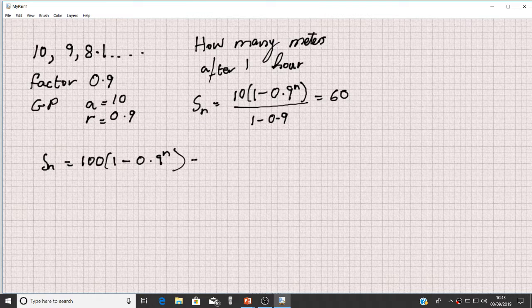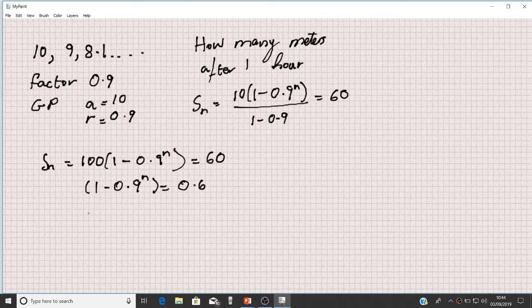So 100 times (1 minus 0.9 to the n) equals 60. I'm looking to solve for the unknown in the power, but I'll keep simplifying until I'm left with 0.9 raised to the power of n on the left. So I'll divide out by the 100. So we're going to have 1 minus 0.9 to the n equals 60 divided by 100, which is 0.6.